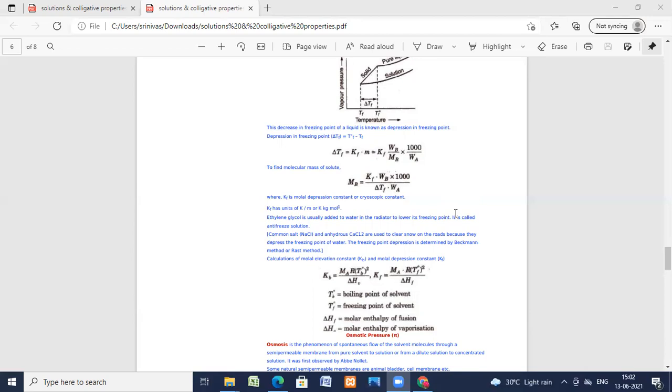Depending on that, we can calculate the Kf value and the change in the delta Tf value with the depression of the freezing point.